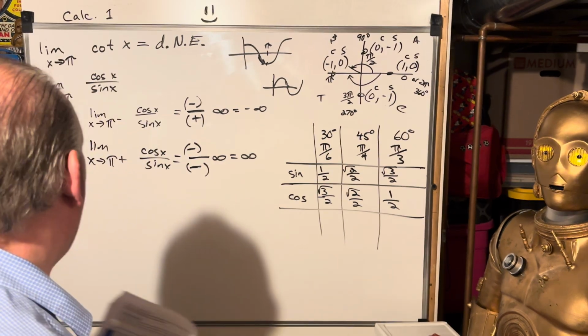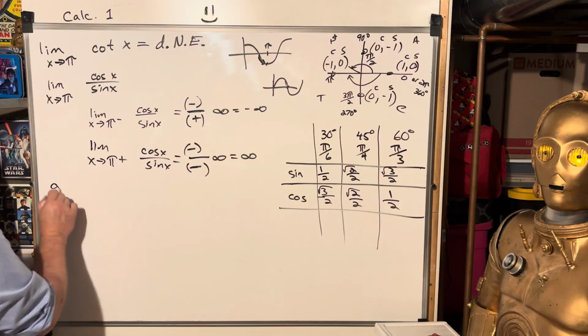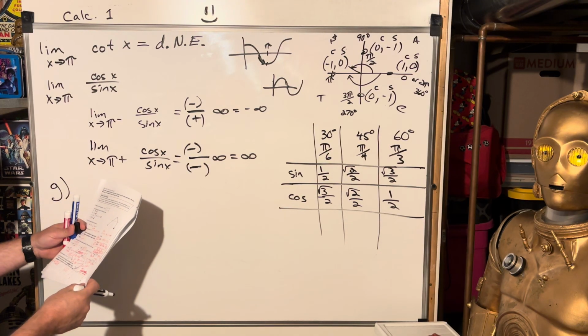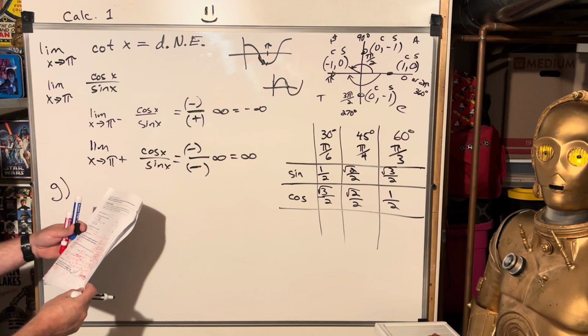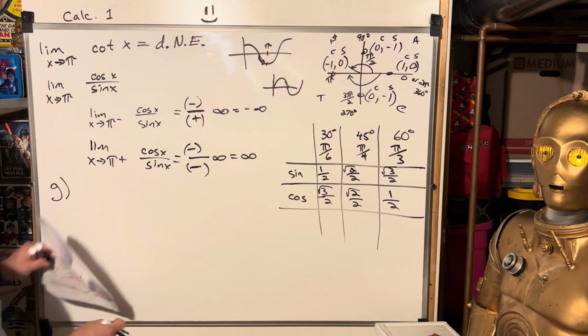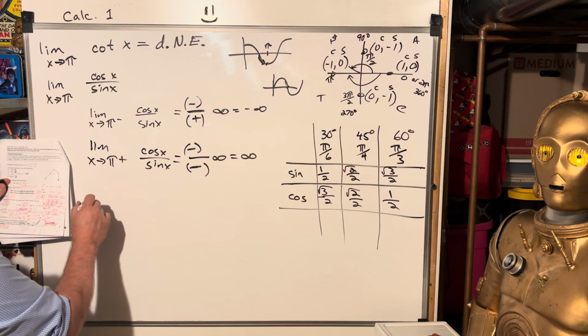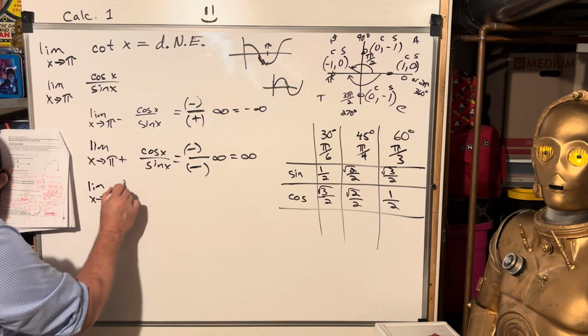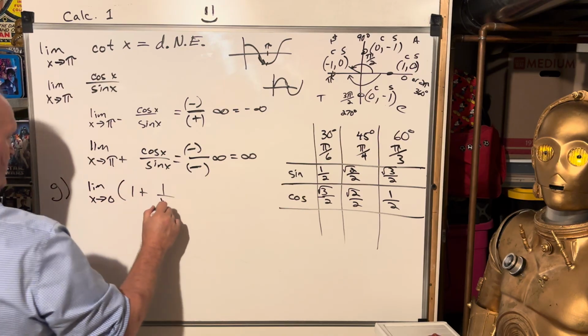Okay, so let's look at G. The limit as x approaches 0 of 1 plus 1 over x squared.